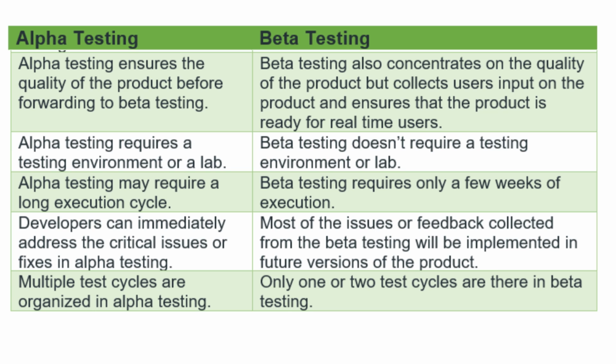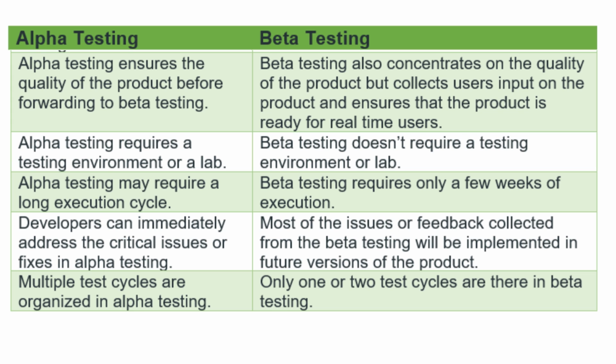In alpha testing, we ensure the quality of the product before forwarding it for beta testing. So it is done by the developer. The developer makes sure that the quality is not compromised before releasing to the particular audience for beta testing.